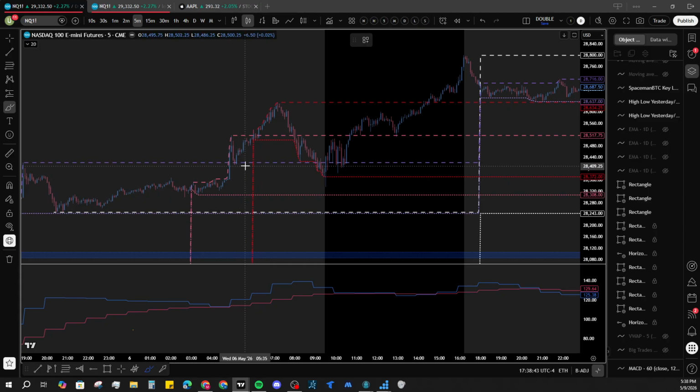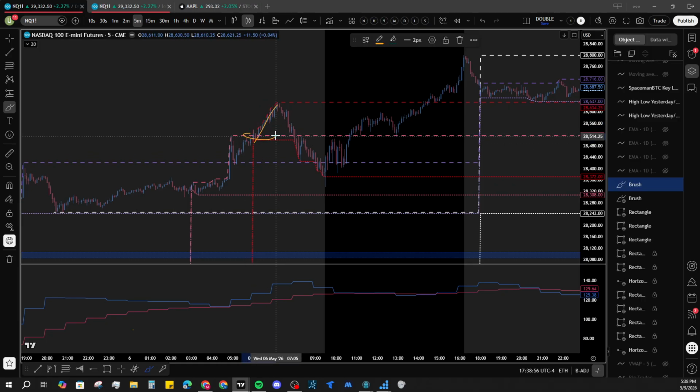So you can see how, okay, 6 o'clock opens and we just take out this London. There's no trade here, but if you do a break of London's high and then a retest and then a go, you can find trades off of this, which would lead to the DOM.